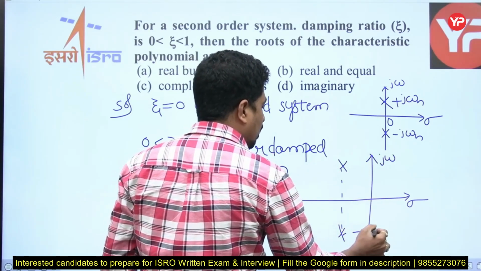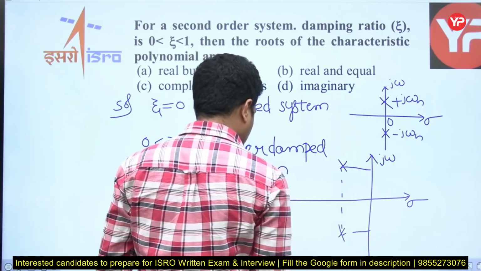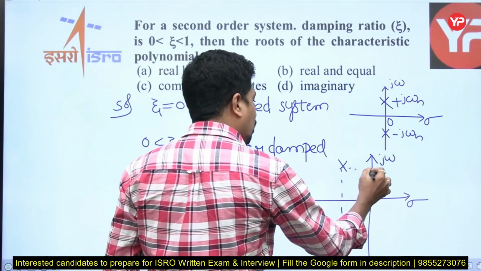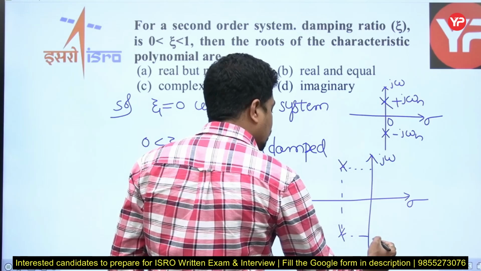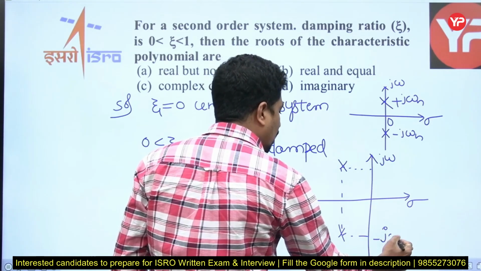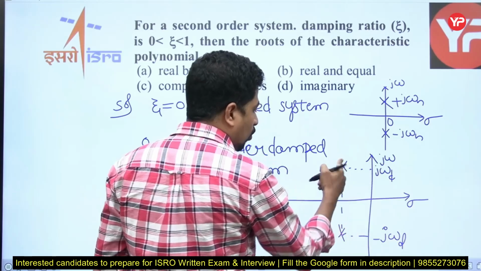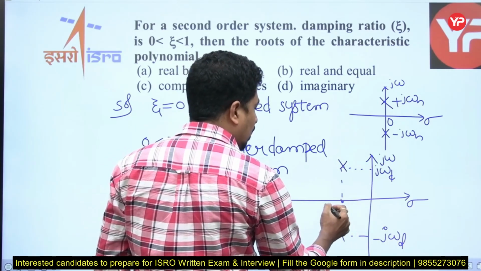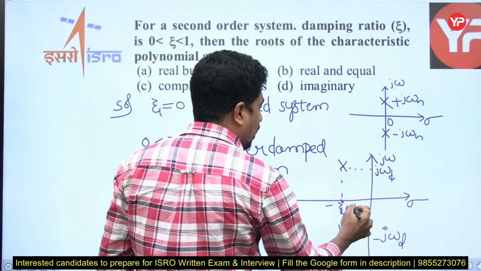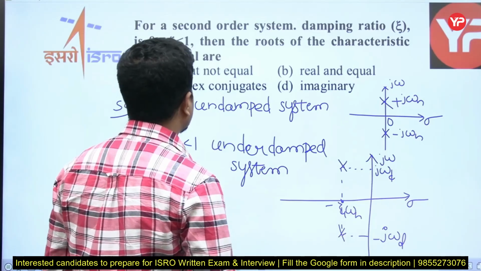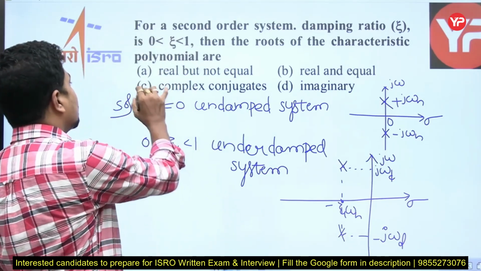Complex conjugate means their real part is equal, and the imaginary part is equal but opposite in sign. This is minus j omega d, this is plus j omega d. Conjugates means both are mirror images of each other. This is minus zeta omega n. Poles are complex conjugates. Here the answer is complex conjugates.